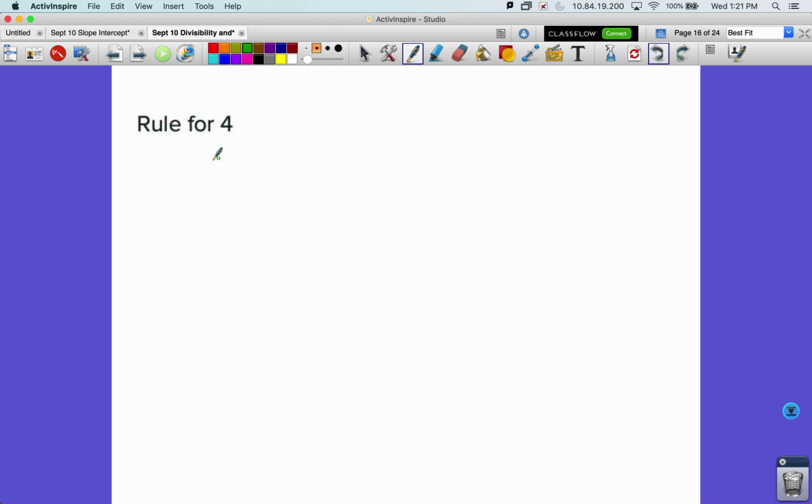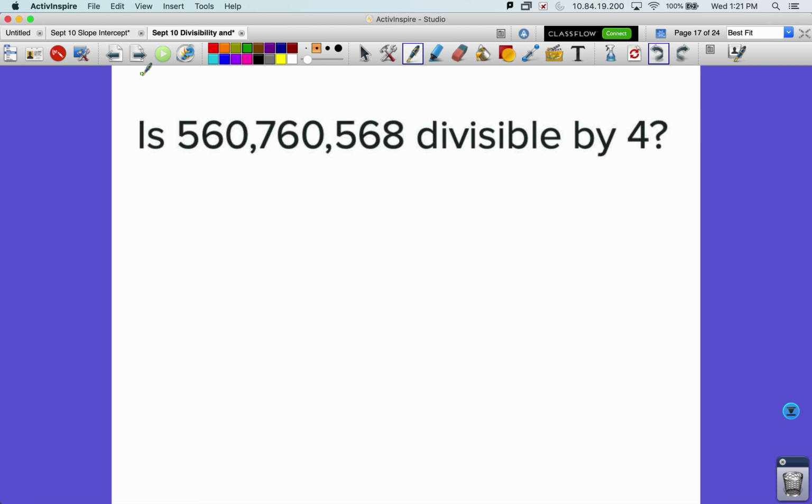All right. Rule for 4 is check the last 2 digits. If just the last 2 digits are divisible by 4, then the whole number is divisible by 4. So is 560,760,568 divisible by 4? We only check the 68.